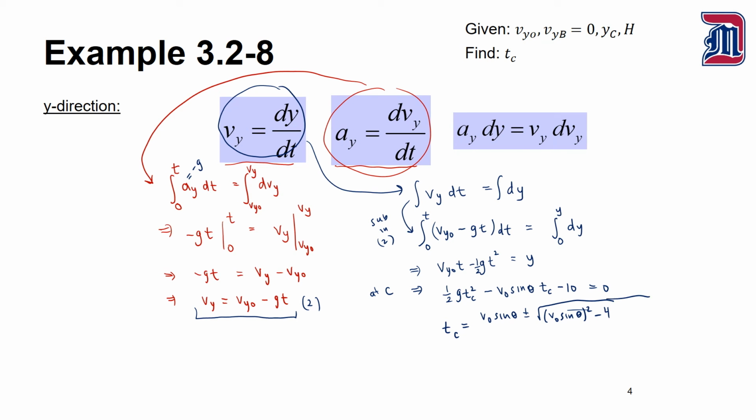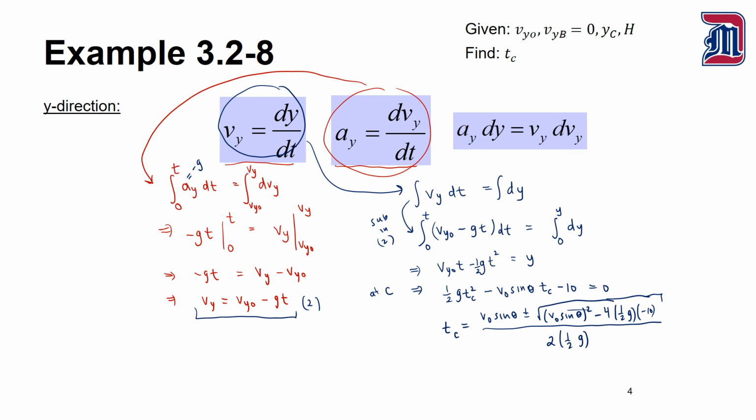This first term, the 1/2 g, is the a, and the c is the minus 10. Then we divide through by 2 times a. That is our quadratic formula, and we have all of the numbers to solve this.